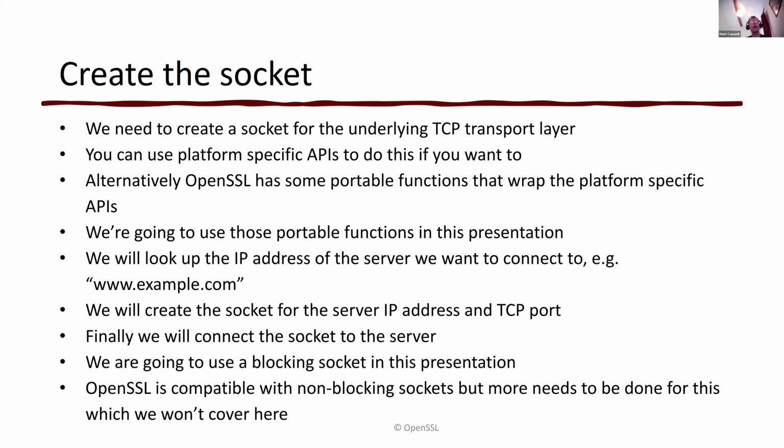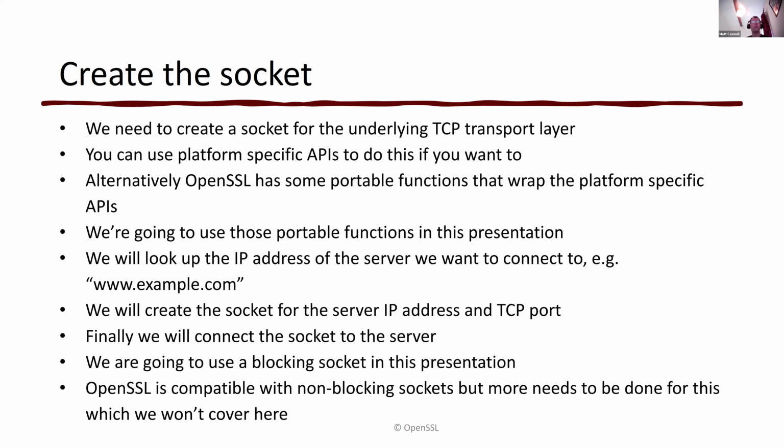Okay, so now we need to create our socket. You can use platform-specific APIs for this. So whatever platform you're on, just use the normal functions for that platform to create those. Or alternatively, OpenSSL does have some portable functions that wrap those platform-specific APIs, so you can use those instead if you prefer, and that's what we're going to do in this presentation.